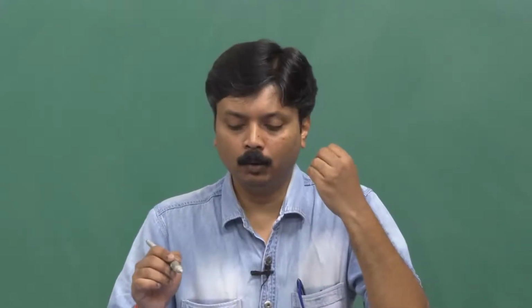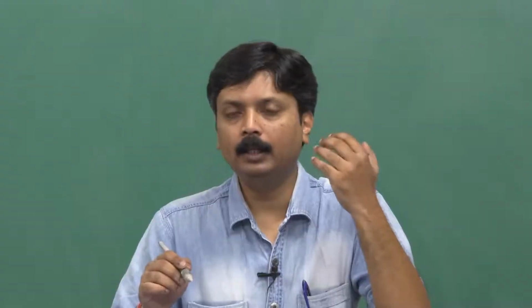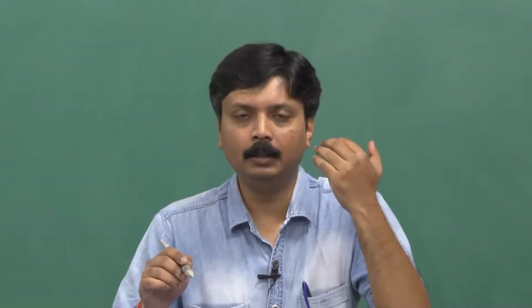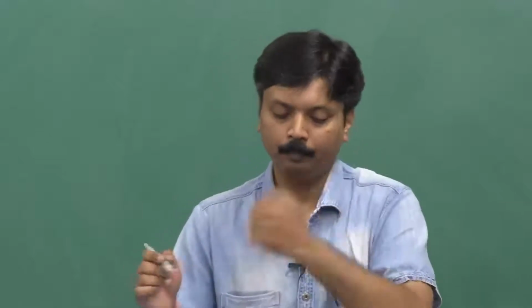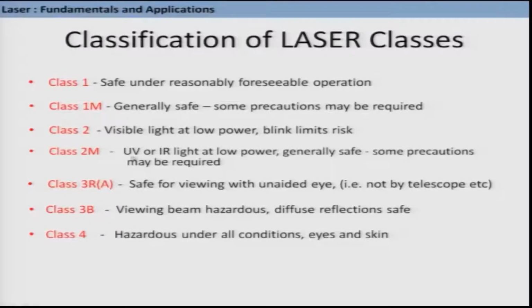For class 2 lasers, if you keep blinking, then the risk of any eye damage is very low. Class 2M laser uses UV or infrared light at low power. It is also generally safe, though some precaution may be required.